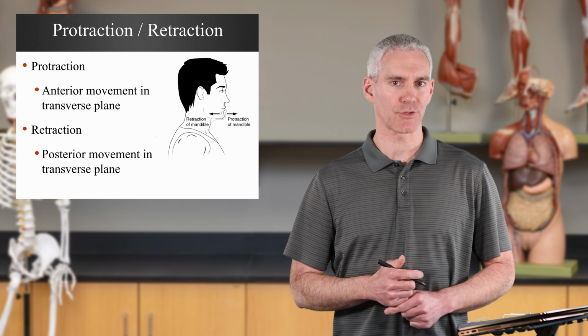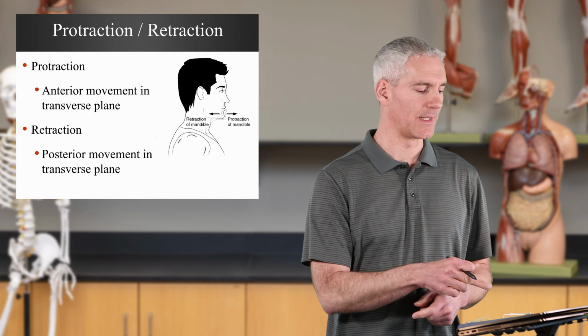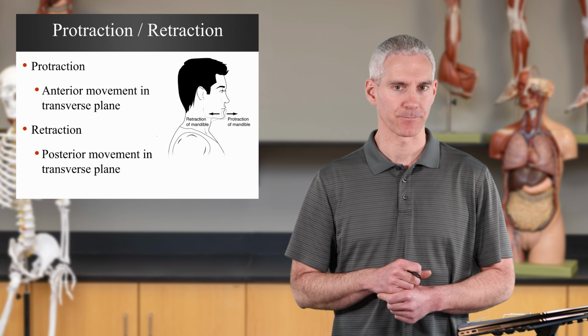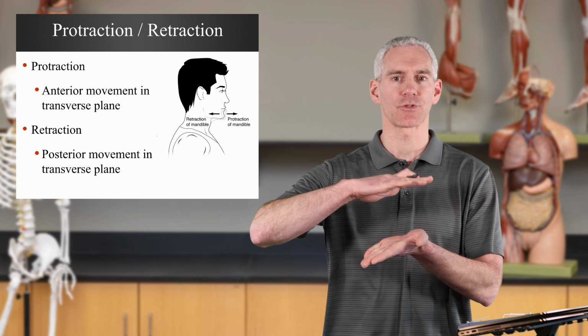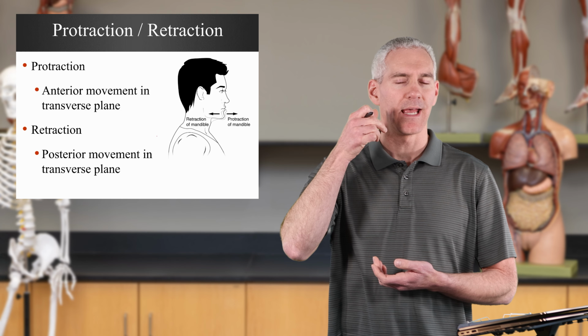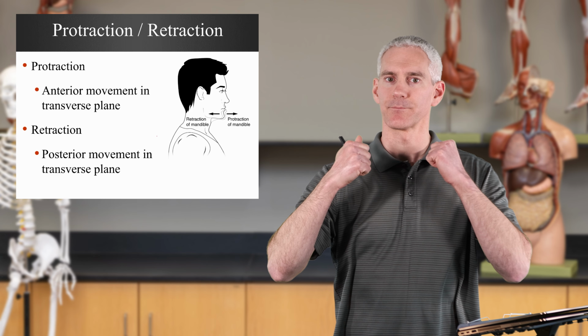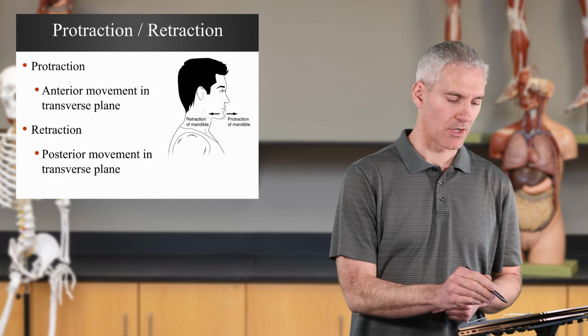Protraction and retraction. In the case of protraction, anterior movement in a transverse plane. Retraction is posterior movement in a transverse plane. Transverse plane is like this. So the mandible can protract, the mandible goes forward, retract, the mandible goes back. And that's what you're seeing here.